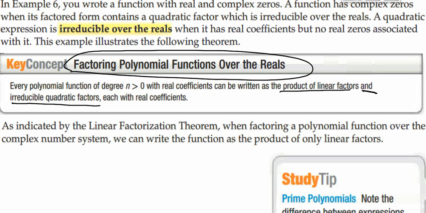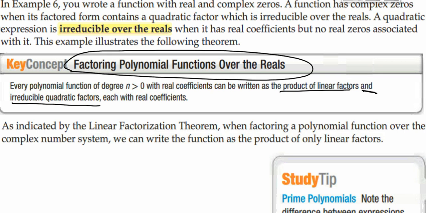And so that was the x squared with the 4 and the 5, right? That is irreducible. And probably a long time ago you learned about irreducible, when you were learning to factor, and it wouldn't factor, and you couldn't find a solution for it.